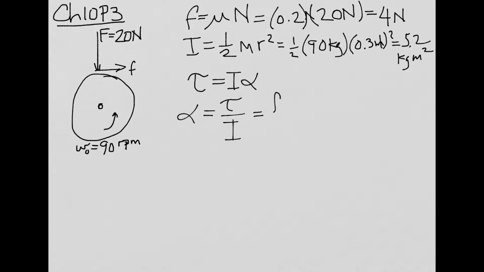The torque is just equal to the friction times the radius, so the friction is applied here, and it's acting at a radius r, so r times friction equals torque. And then we also have the moment of inertia, 1/2 mr squared. When we plug this all in, we get an angular acceleration of 0.26 radians per second squared.